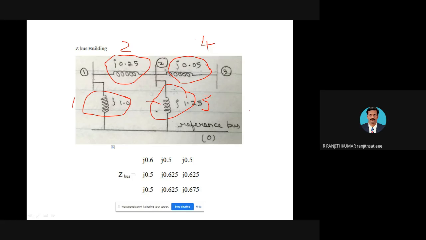So existing bus to new bus, case number 2 again. And you have to find the Z bus finally. Okay, so proceed and calculate within 10 minutes. Because I have given only a simple problem, it will take 10 minutes to solve. If you have any doubt, you can ask me.